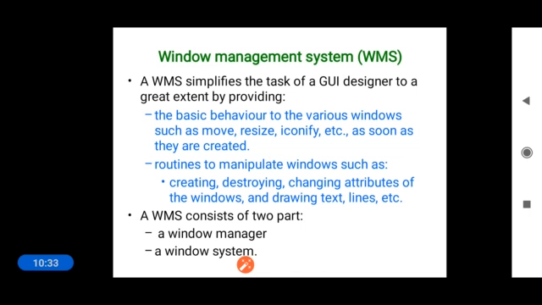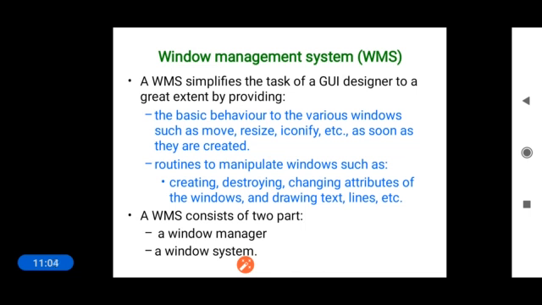All such commands or routines to manipulate the windows are also controlled by this window management system. So what this WMS is doing: it is controlling the various windows available in the GUI, it is controlling the behavior of all the items present in the window, and at the same time it is providing routines to manipulate the windows.